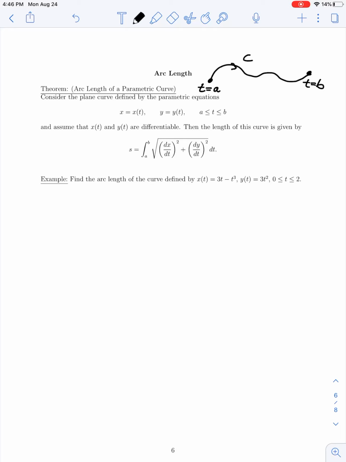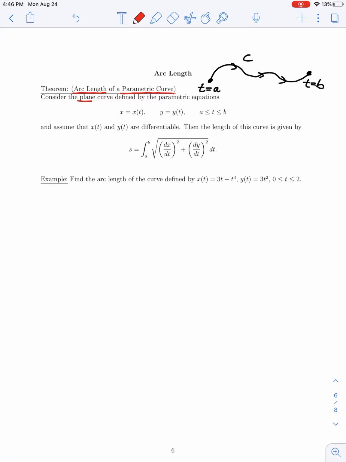So maybe we're looking at some object traveling through the plane, and we want the total distance traveled by this object. So the total length of that curve, or the arc length of this curve. So how do we find it? Well, the following theorem gives us a formula for the arc length of a parametric curve.